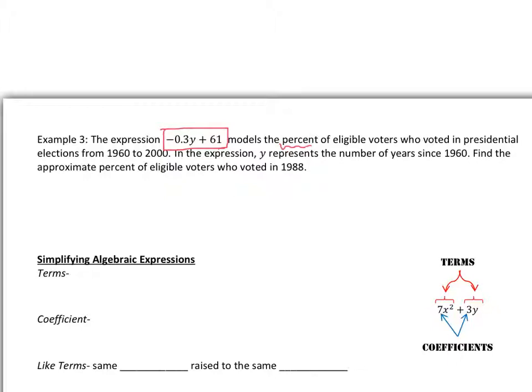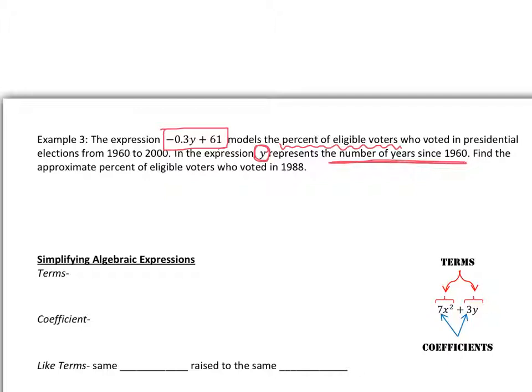In the expression, y represents the number of years since 1960. That's important.